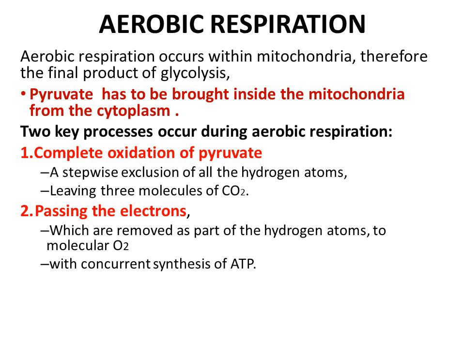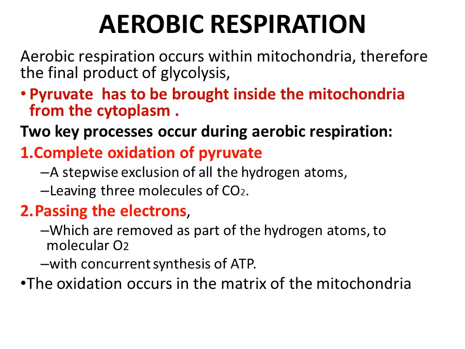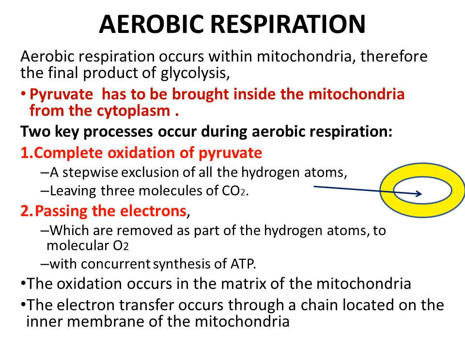As these electrons are passed on, ATPs are synthesized. This oxidation occurs in the matrix of mitochondria, and the electron transfer occurs through a chain, the electron transport chain, which is located on the inner membrane of the mitochondria.